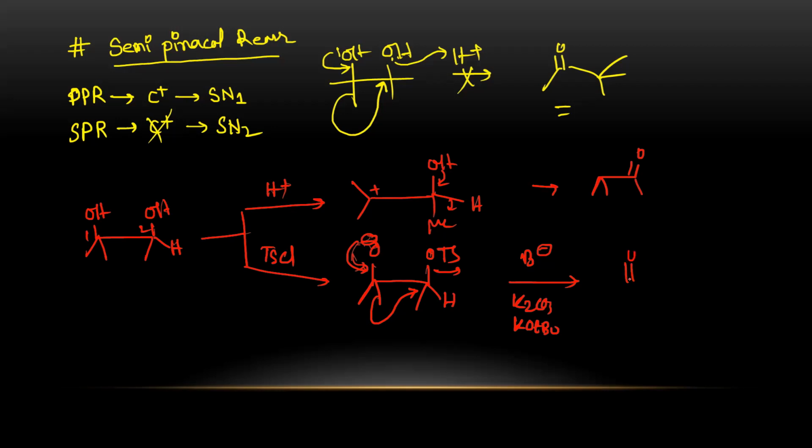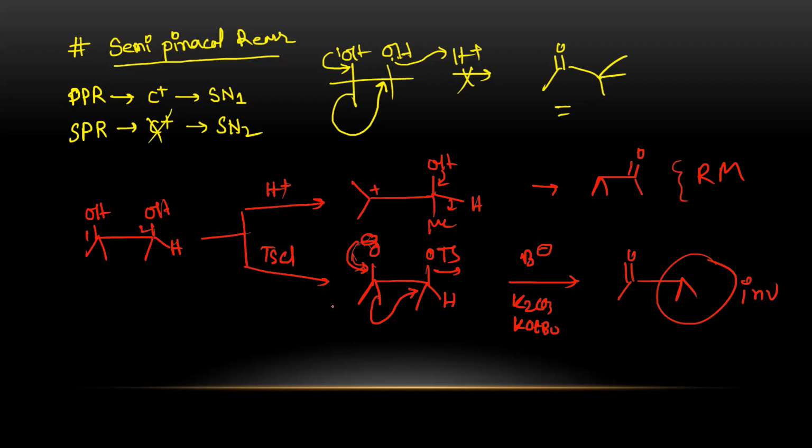Here the product will be like this. Now, as it is SN2 here, if stereochemistry were involved, it would be an inverted product, and this is basically a racemic mixture, right?